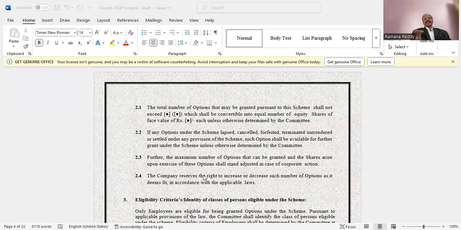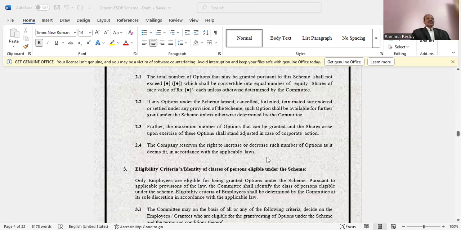So further, the maximum number of options that can be granted and the shares arising upon the exercise of these options shall stand adjusted in case of corporate actions.